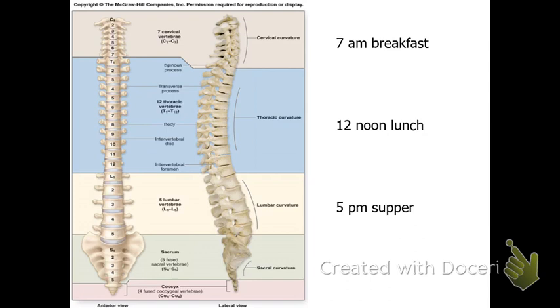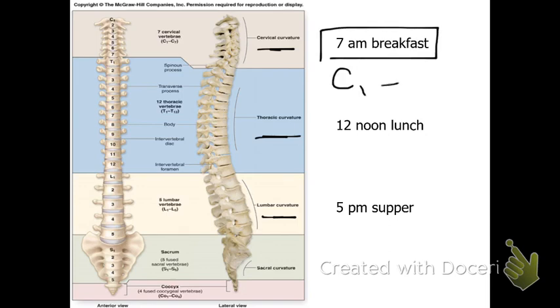So here is your vertebral column from a lateral view. And just a little way of remembering this, there is a cervical region, there's the thoracic region, there's the lumbar region. And you have 7 cervical vertebrae. They're numbered C1 through C7, very boring.